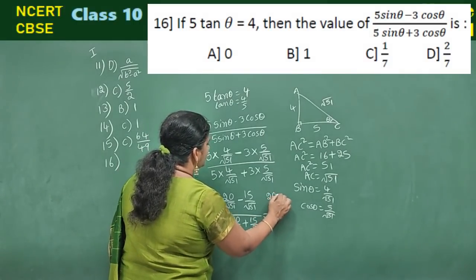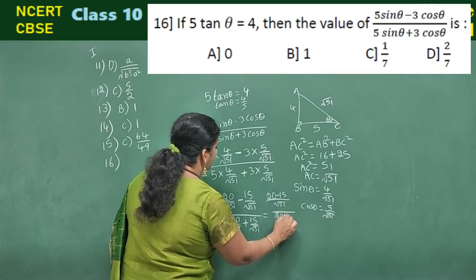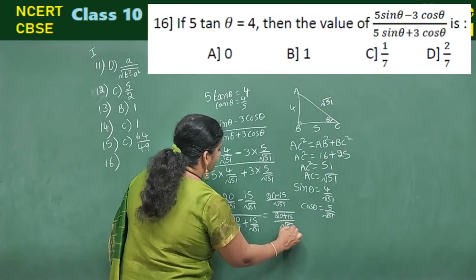What are you going to get? 20 minus 15 by square root 41 by 20 plus 15 by square root 41.